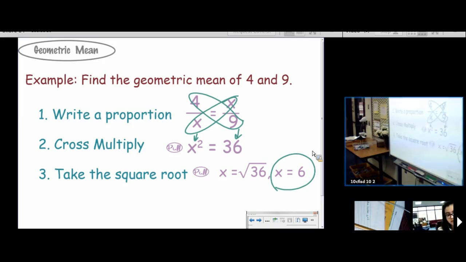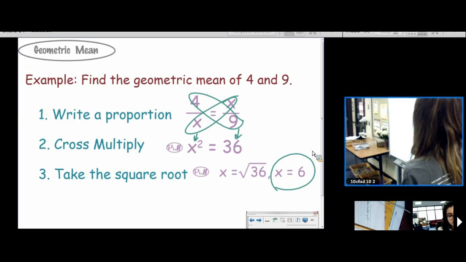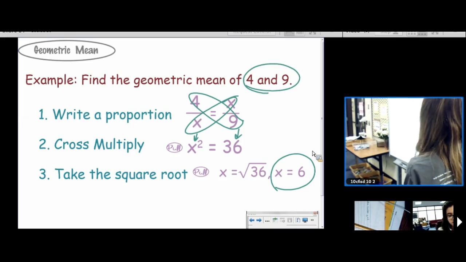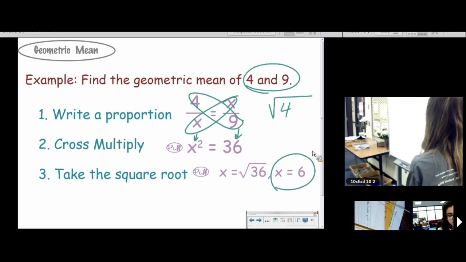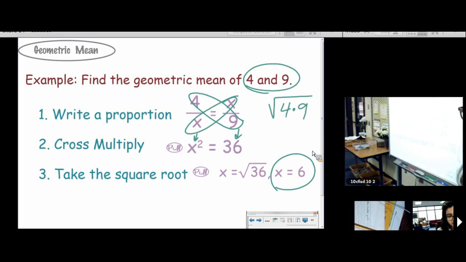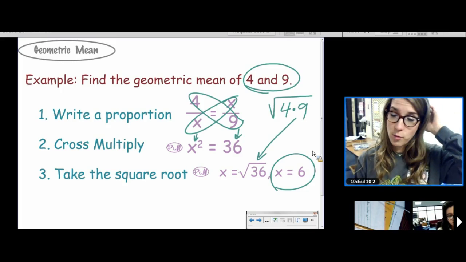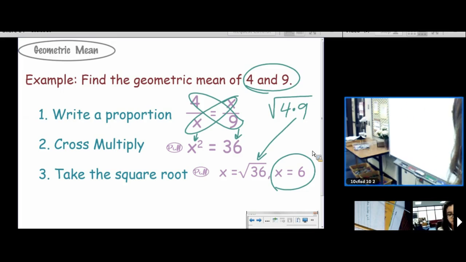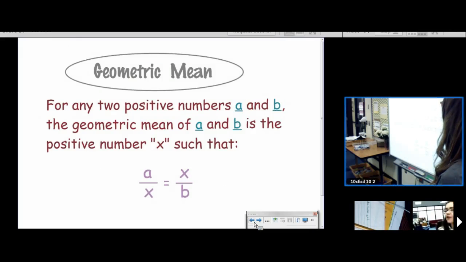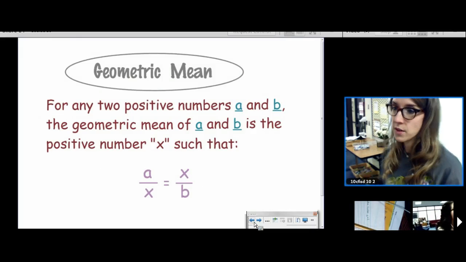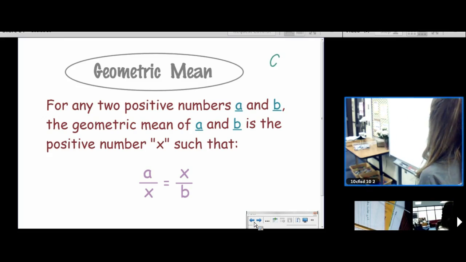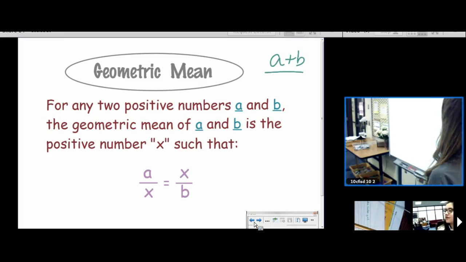Now, another way to think of it is the geometric mean of 4 and 9 is the square root of 4 times 9. Because honestly, that's what you're doing. Look, square root of 36, square root of 4 times 9. So I just want to compare it to what an arithmetic mean is. When you find that, you add your numbers and you divide by 2.